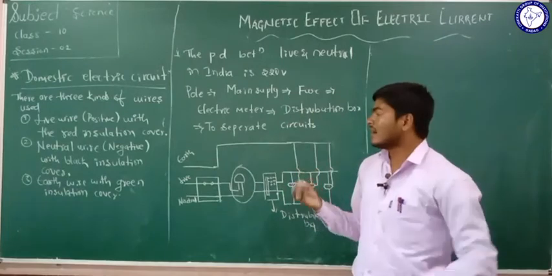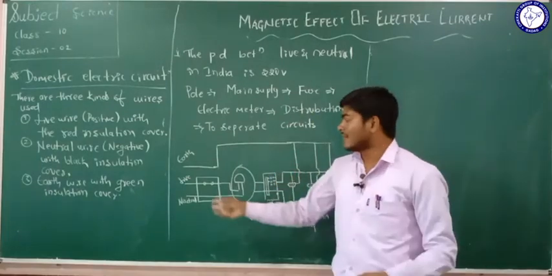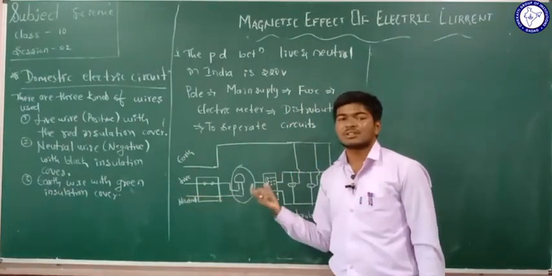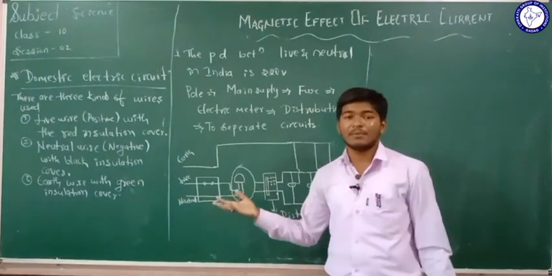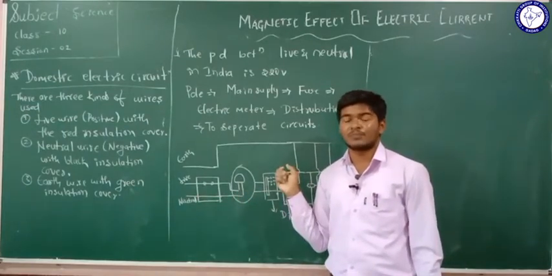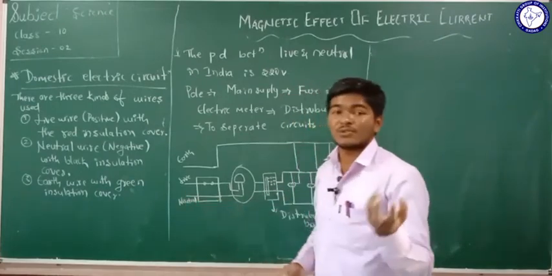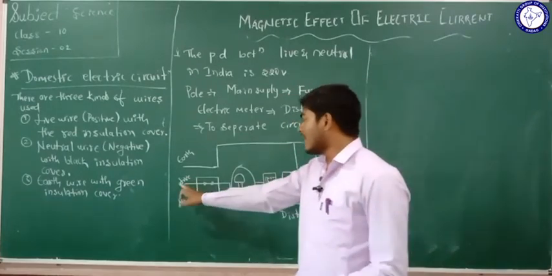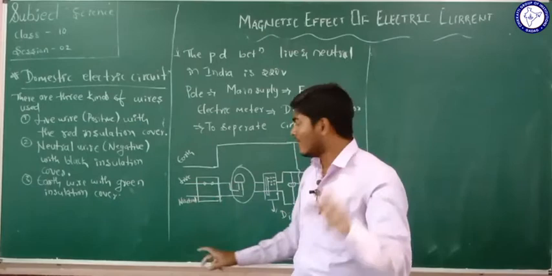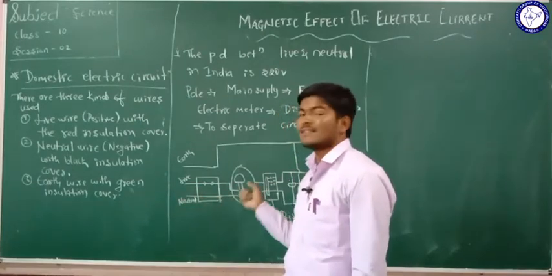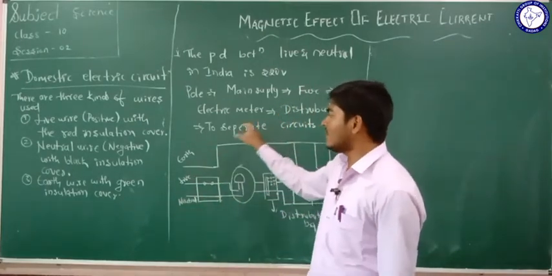Sometimes the black insulation color can change, or blue can be used also, so don't get confused. In place of black, we can use blue, but the live wire is always red, the neutral wire is always blue, and the earth wire is green.